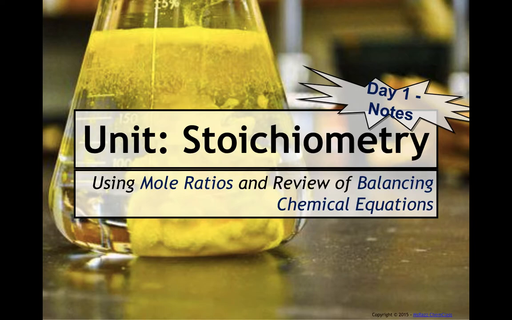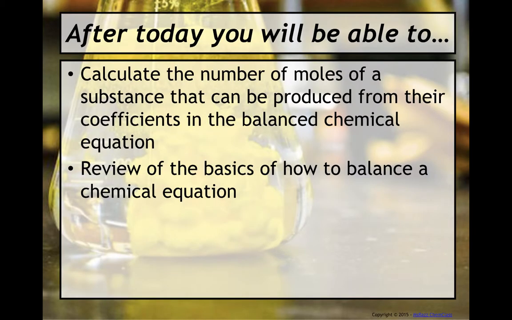This is very important in industry because we want to minimize the amount of reactants we use to maximize the amount of products we can make, right? If you're making a cake, you don't want to use 6 eggs when really you only need to use 2 eggs, that kind of thing.